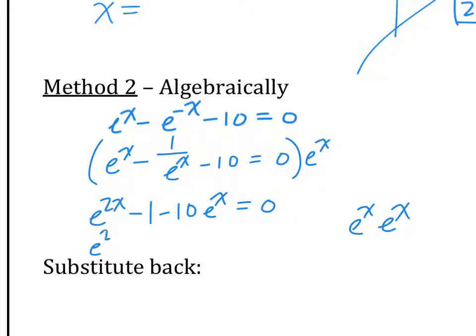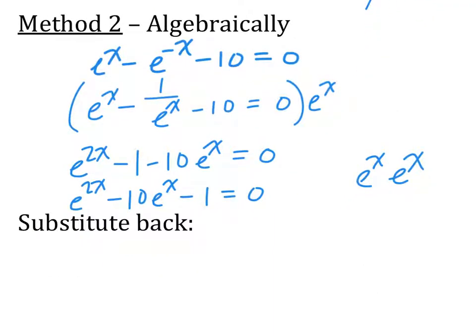So it's e to the 2x minus 10 e to the x minus 1 equals 0. Now we're going to remember what we learned in Algebra 2. When we cannot solve something like this, but it's very similar to things we have seen before, we do this. You can see it's e to the 2x, and then you have an e to the x, and then a constant.